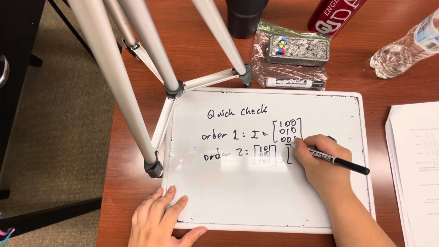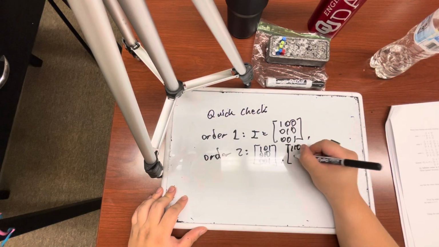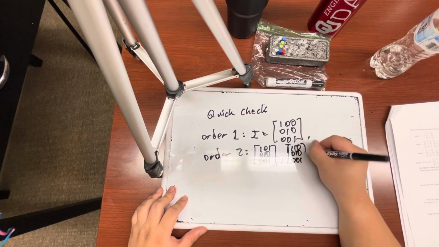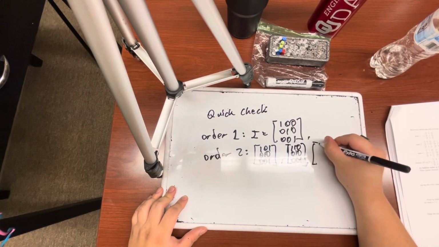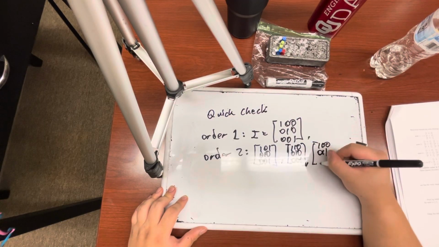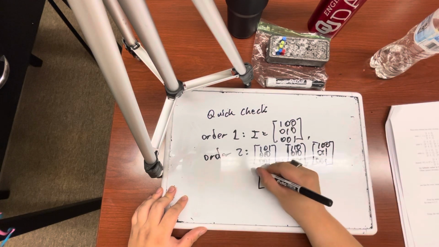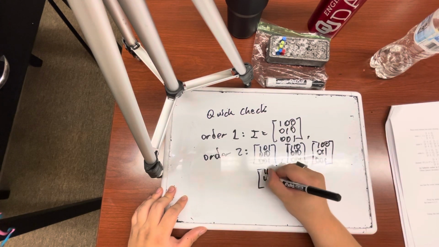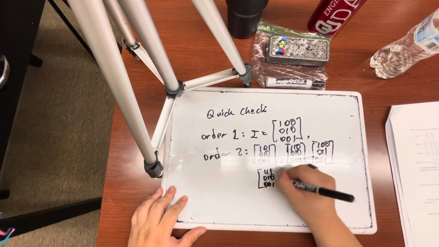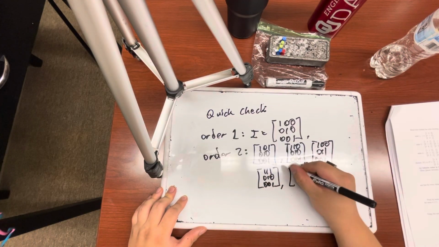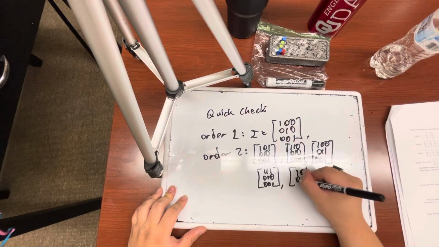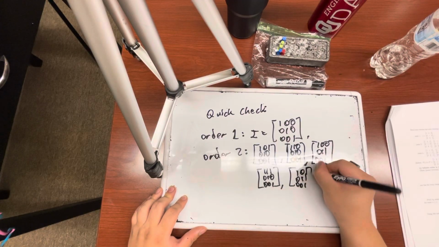We also have 1, 1, 0, 0, 1, 0, 0, 0, 1, and 1, 0, 0, 0, 1, 1, 0, 0, 1, 1, 1, 1, 0, 1, 0, 0, 0, 1, and finally 1, 0, 1, 0, 1, 1, 0, 0, 1.